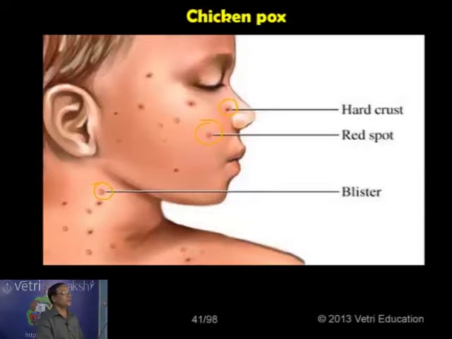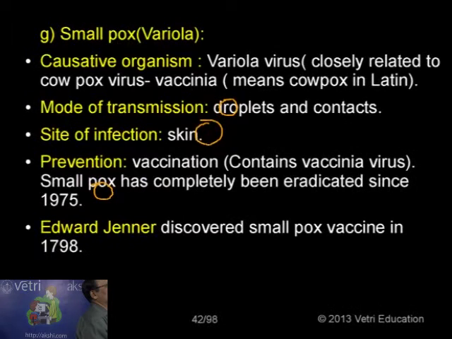The hard crust appears after recovery, as the disease subsides. It is the dried part of the blister. So it begins as a red spot, and the final stage is the blister, a fluid-filled structure. Ultimately, it subsides, leaving a hard crust on the surface of the body, which falls off soon after some time, leaving some pock marks. What we call pock marks, P-O-C-K, pock marks.